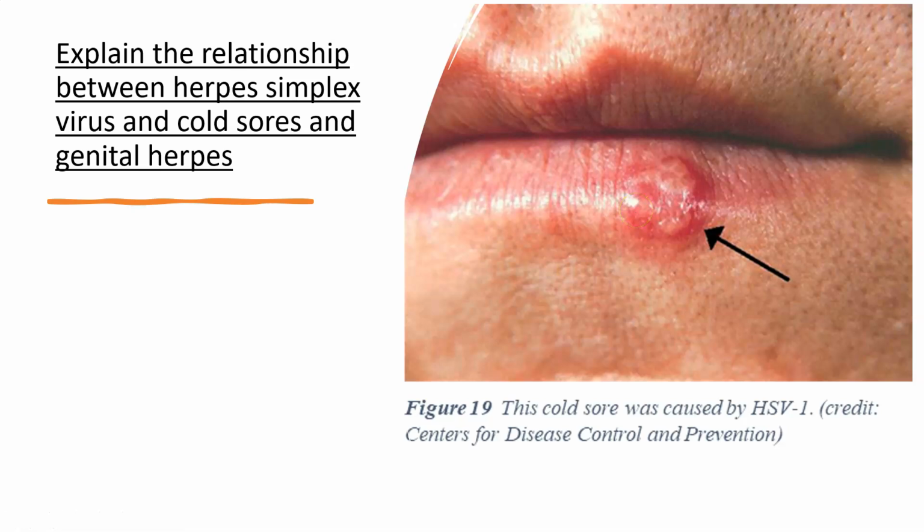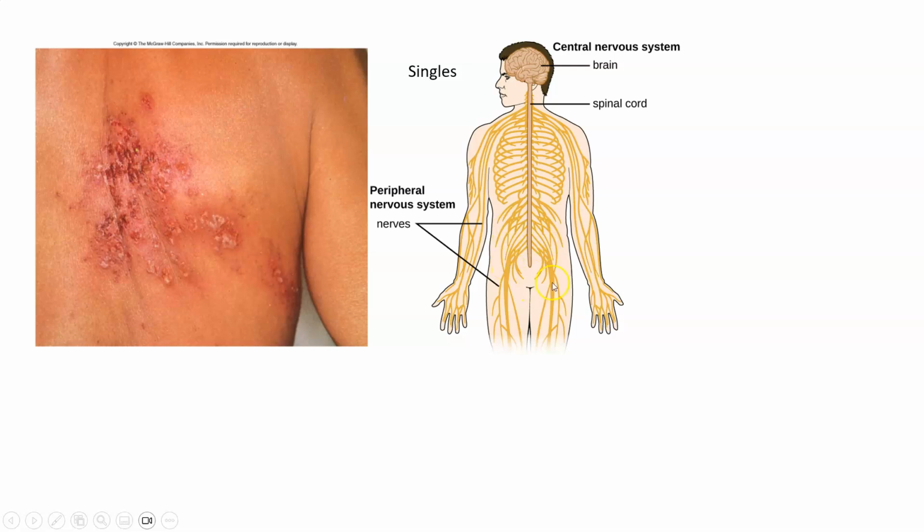If you have genital herpes, it's herpes simplex virus 2. It just prefers the conditions of this part of the body, so it resides in some of these nerves and comes out in the genitals instead of the mouth. Public service announcement: if you have a cold sore and you give somebody oral sex, you can transfer HSV1 to the genitals, and you can get cold sores on the genitals.